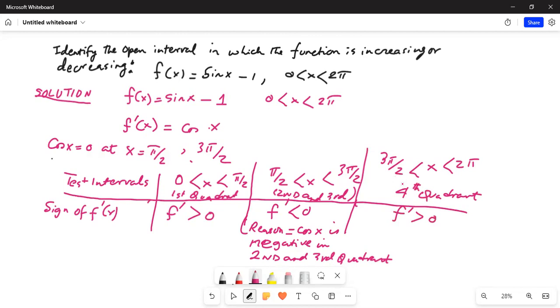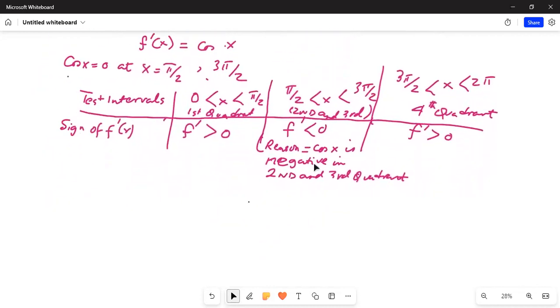Okay. So let me create some more space for me. Again, there are three intervals: first quadrant, combination of second and third quadrant, and then fourth quadrant.